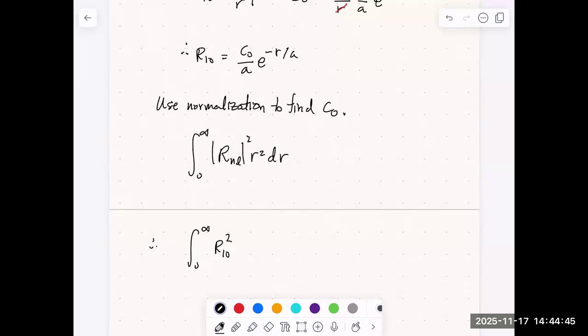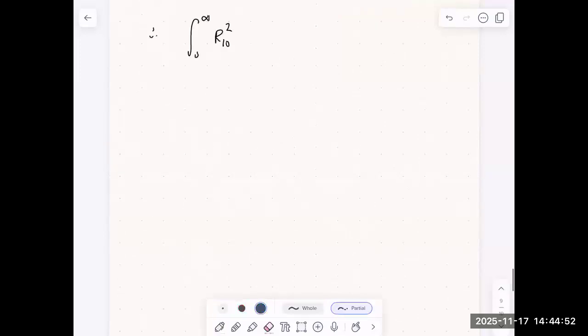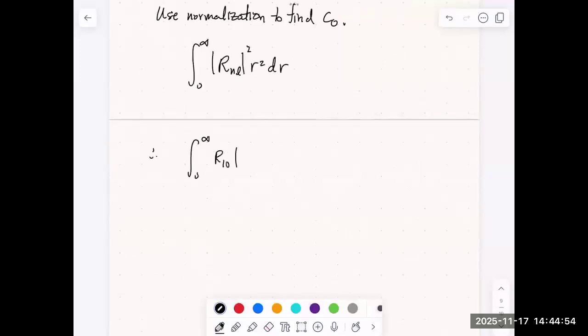But to be perfectly safe and proper, we can put in an absolute square.